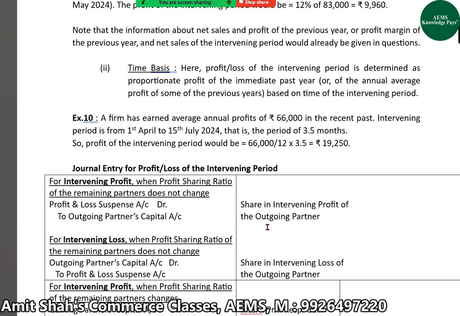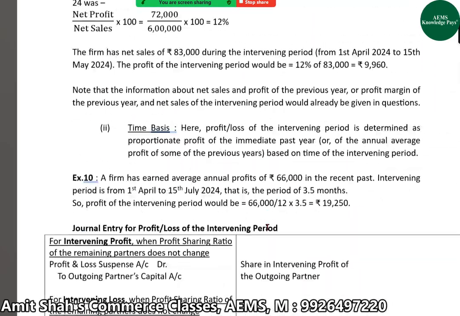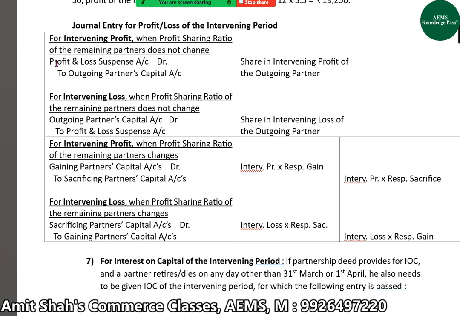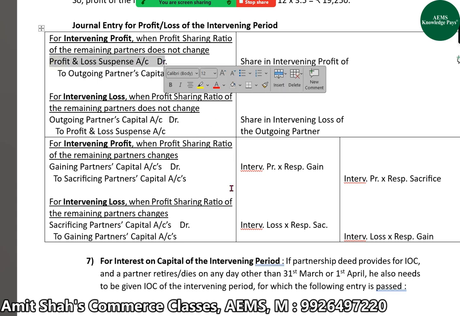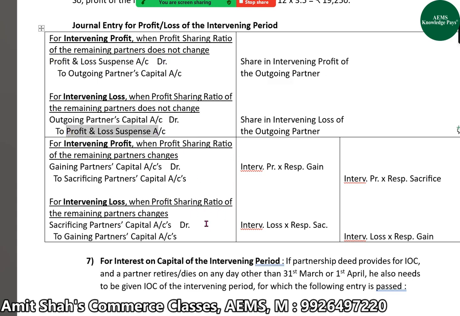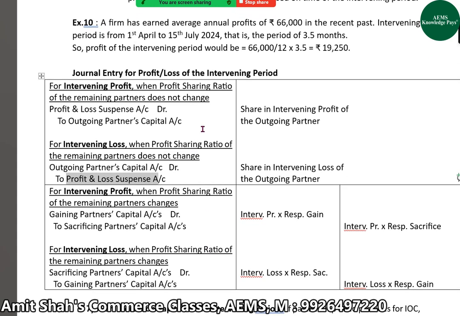Okay, so guys, now in these three additional adjustments, you have found one new account, that is P&L suspense account. Now, what is its role? I tell you that. See, all these entries we are passing on the date of retirement or death, and that date is other than 31st March or 1st April.